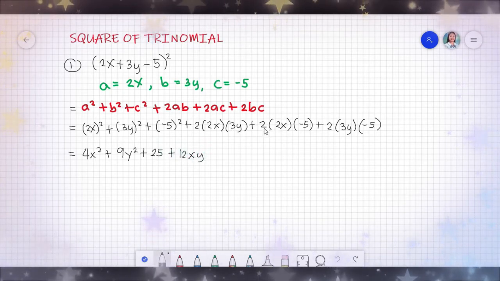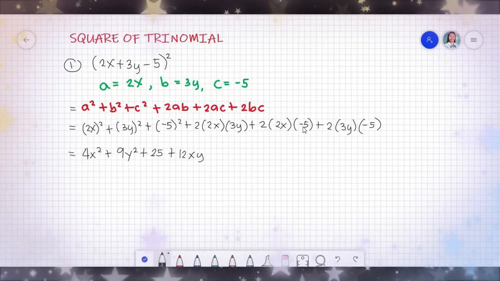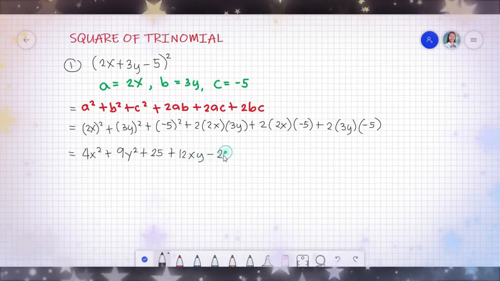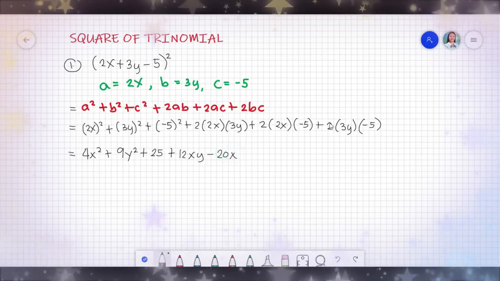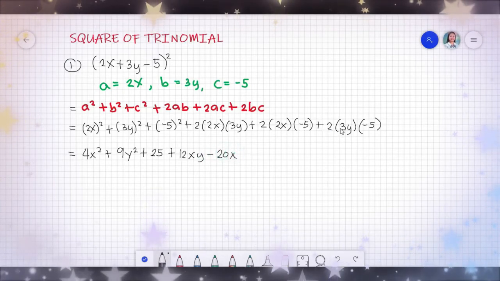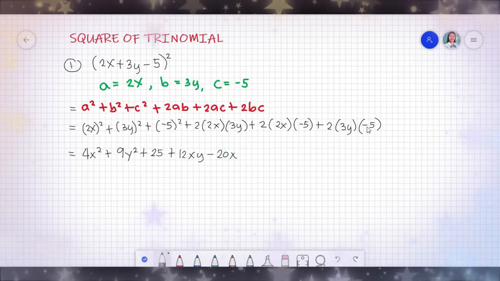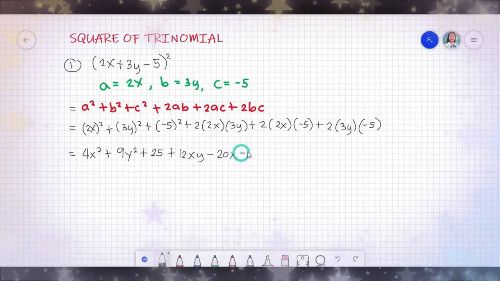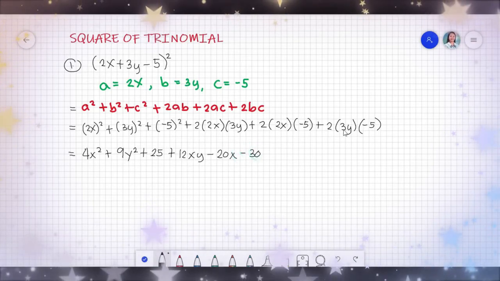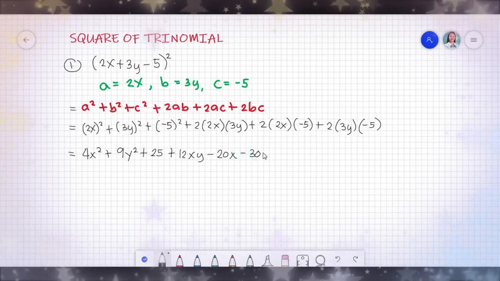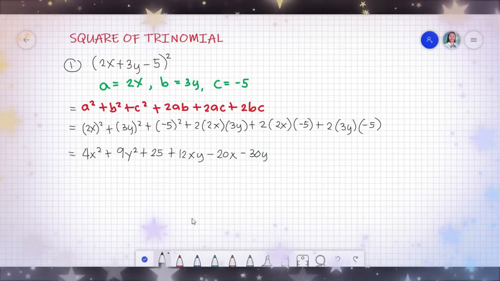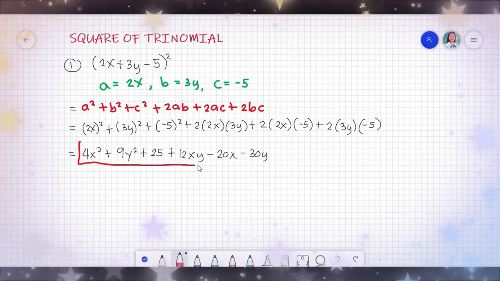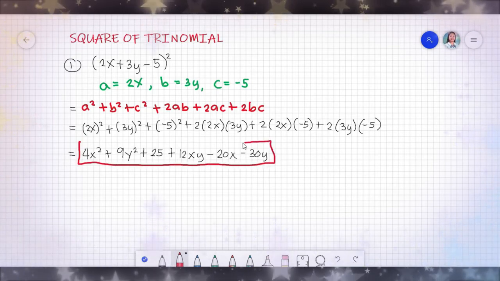Next, 2 times 2x times negative 5, that is negative 20x. Lastly, 2 times 3y times negative 5, that is negative 30y. Copy the variable y. And that would be our final answer. Always box your final answer.